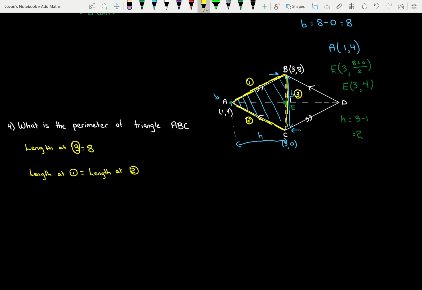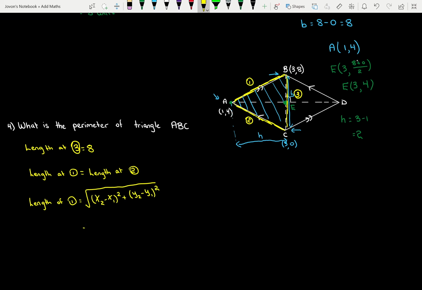And remember, we have an equation for the length of a line. So the length of side 1, let's use side 1, is equal to the square root of x2 minus x1 all squared plus y2 minus y1 all squared.